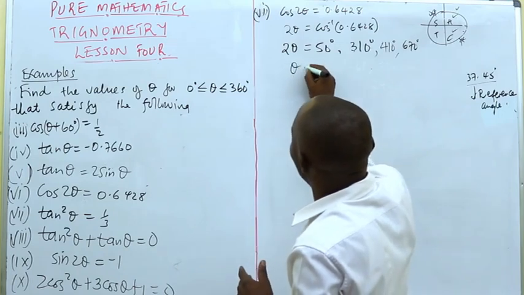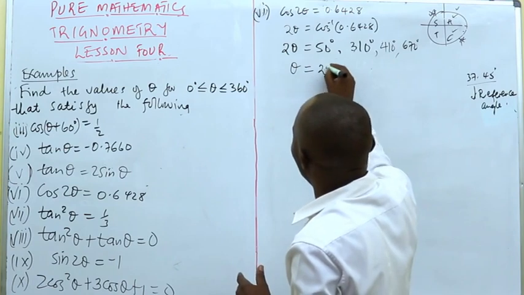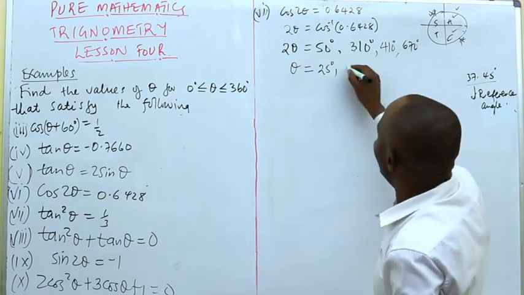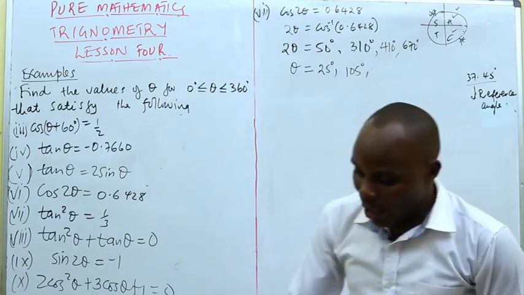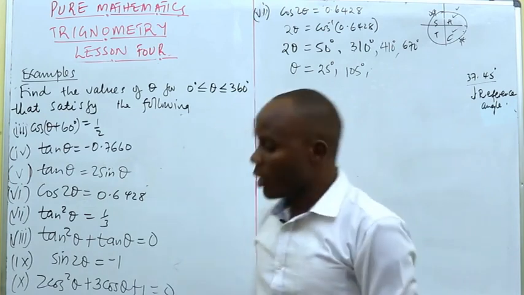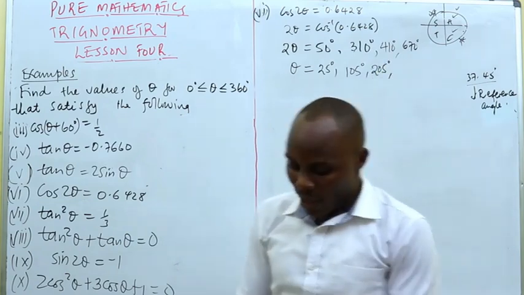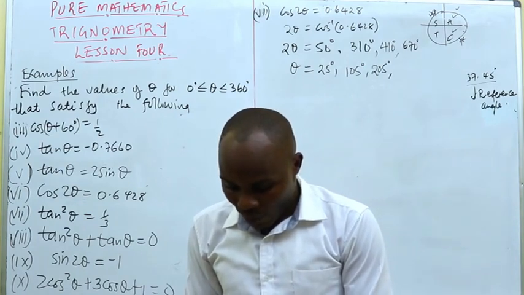So if you divide all through by 2, 50 divided by 2 gives you 25. 310 divided by 2 is 105 degrees. 410 divided by 2 gives you 205 degrees. And we have 670 divided by 2.